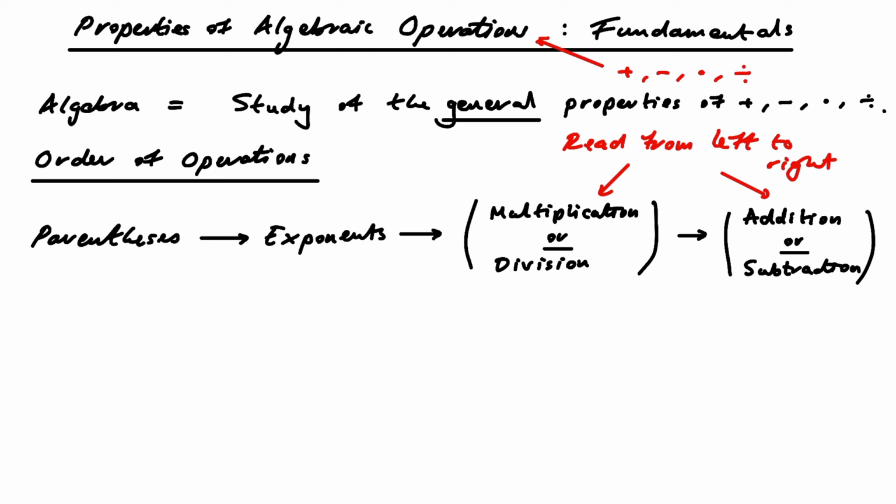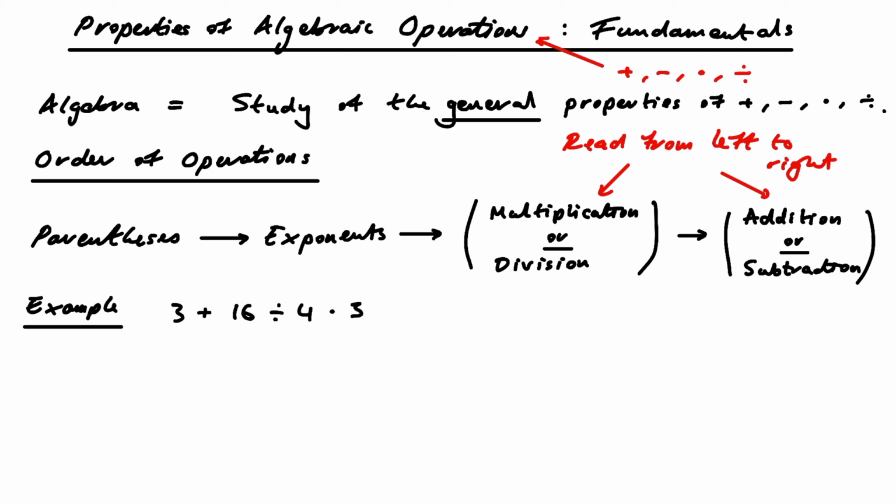Okay, so let's do an example. So here's one that's easy to kind of get lost in or maybe make a mistake with if you can't remember this basic convention. So let's do 3 plus 16 divided by 4 times 3.